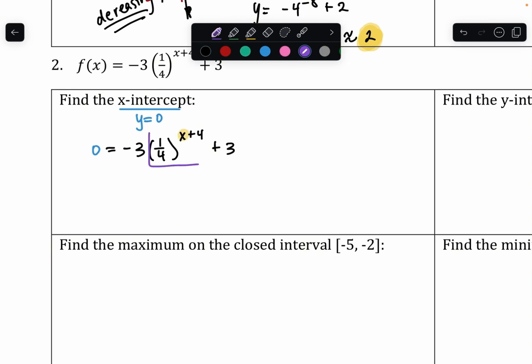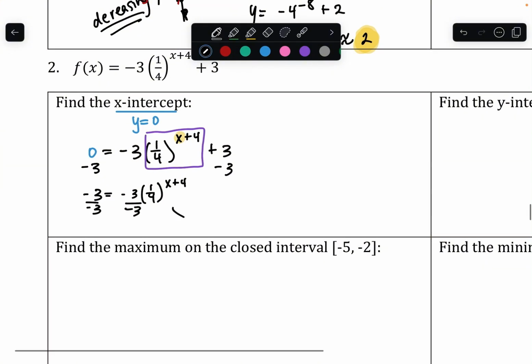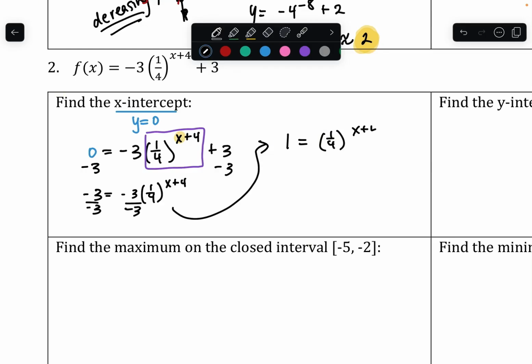I'm just going to kind of box that off so you can see what's outside. So our first step is to subtract 3. And then we have to divide by this negative 3. Okay, and so that gives me the equation 1 equals 1/4 to the x plus 4.